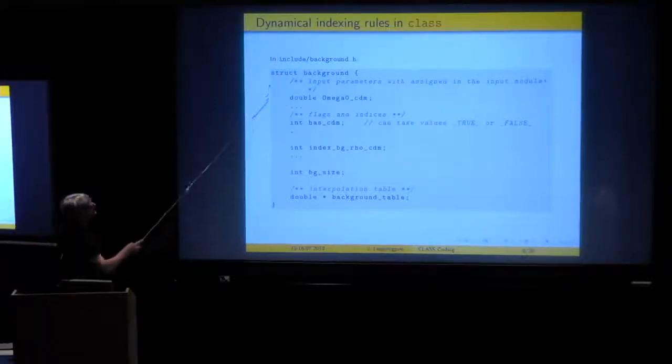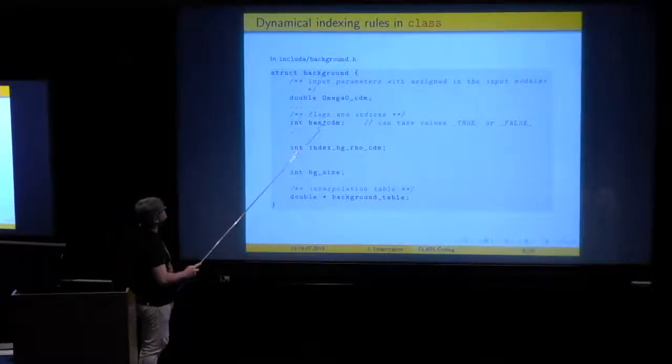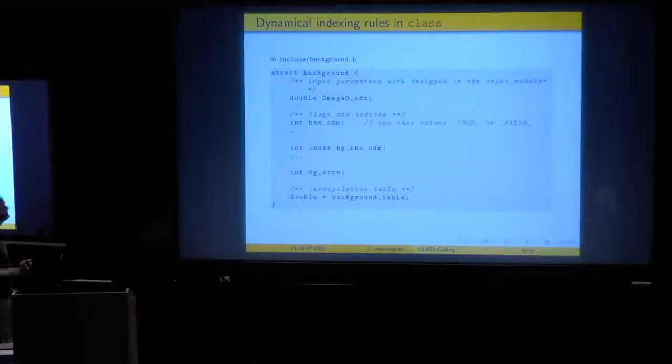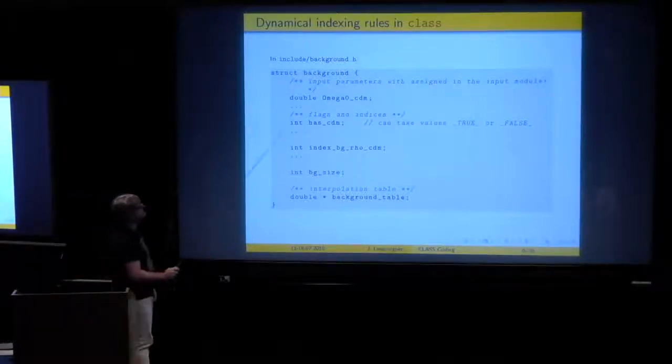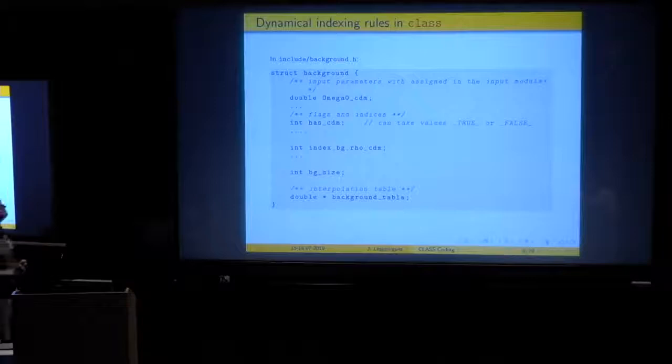After these input variables, it contains some technical fields like all the flags associated to each species. So the flag has_cdm means: do we have cold dark matter in this model? It's an int, but it will be assigned the values true or false. So in fact, it's more like a Boolean.